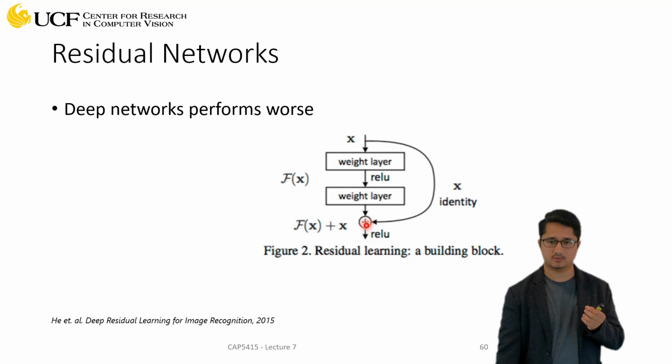Whenever you have an addition operation, you just distribute that gradient, right? So the gradient will go in this direction, and the gradient will also go in this direction. So because of this shortcut connection, whatever gradient you have at this point of time will reach here, and this point will also receive gradient from this branch. So the gradient is actually coming from two different directions.